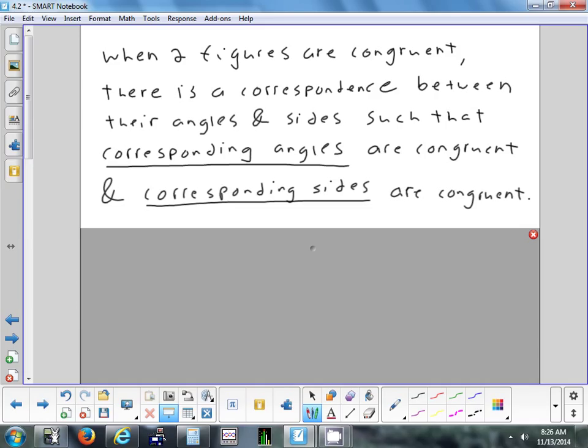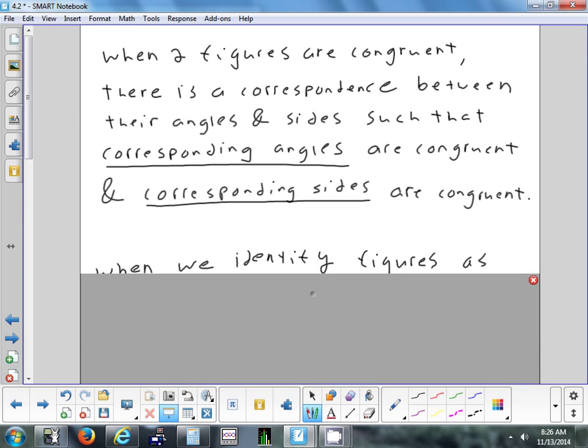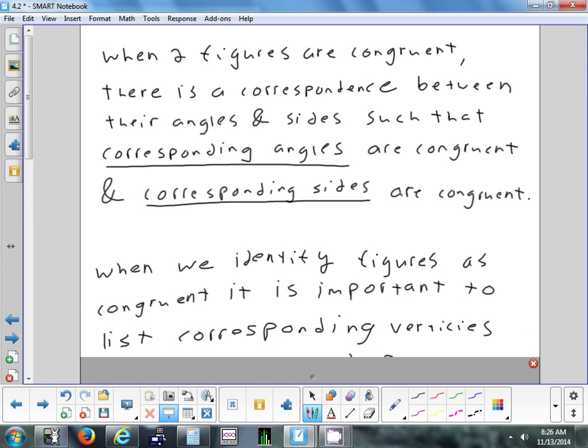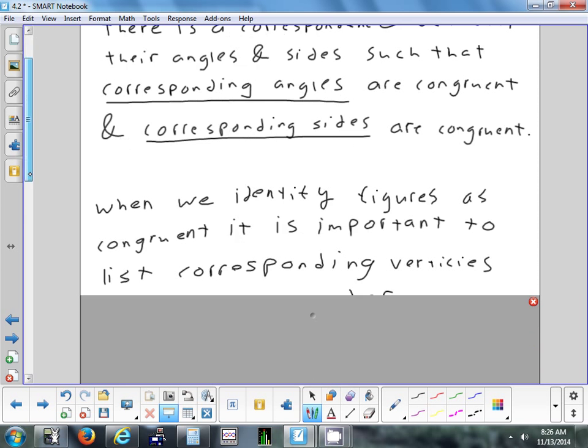So this gets pretty picky with how we name things. We have to be consistent when we talk about congruent shapes. So if we're going to say that two triangles are congruent, it's very important that we list the vertices of the triangle in each shape the same way, in the same order. And I'll show you an example.